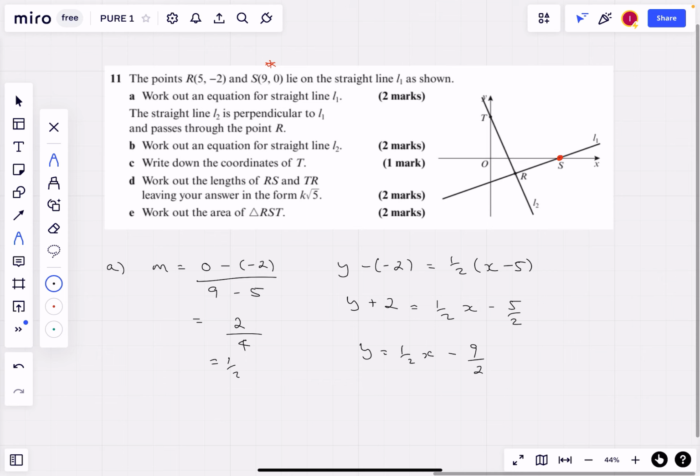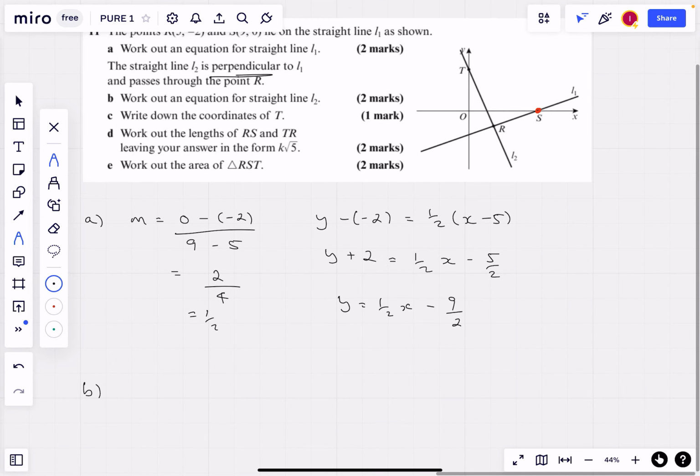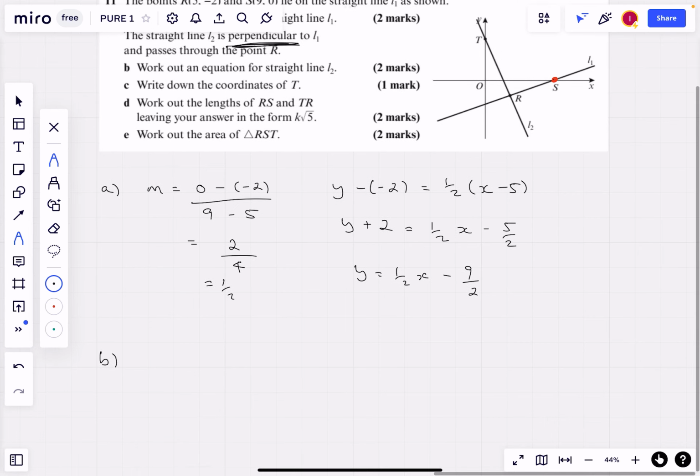The straight line L2 is perpendicular to L1 and passes through the point R. Work out the equation for the straight line L2. Perpendicular. So the gradient of L1 is a half. So what's the gradient of L2 going to be? The negative reciprocal. So minus 2.